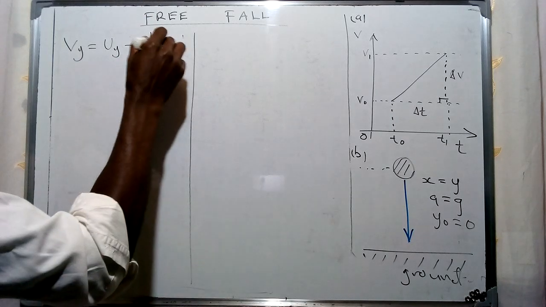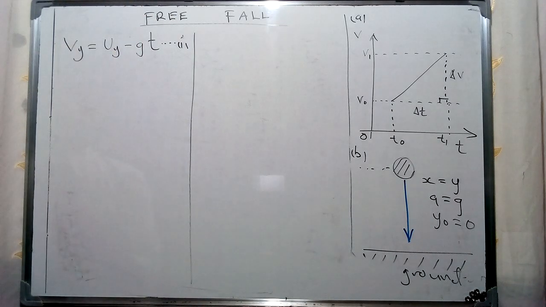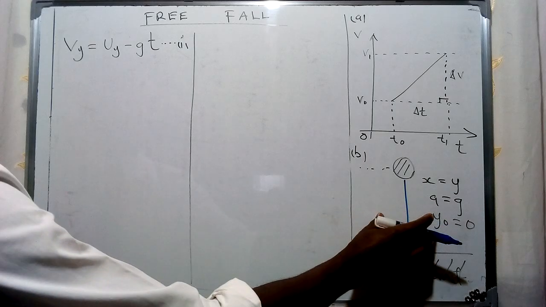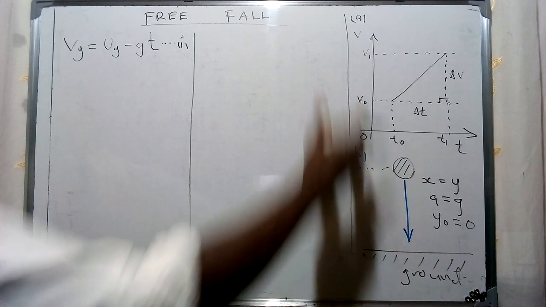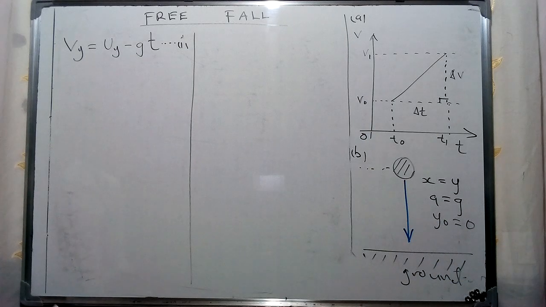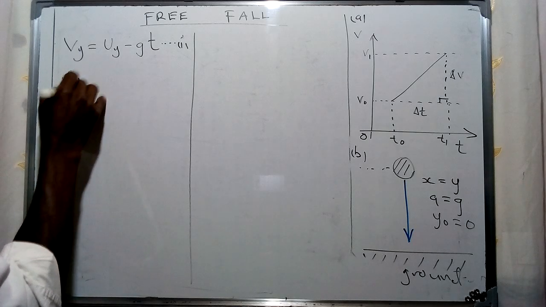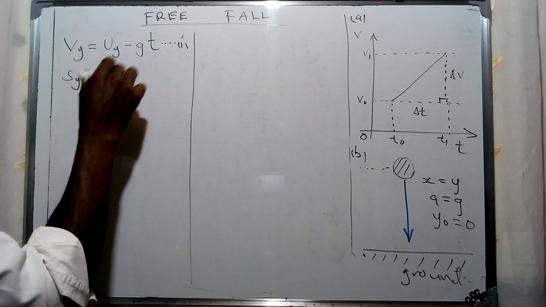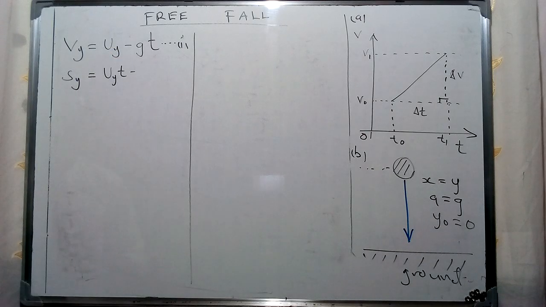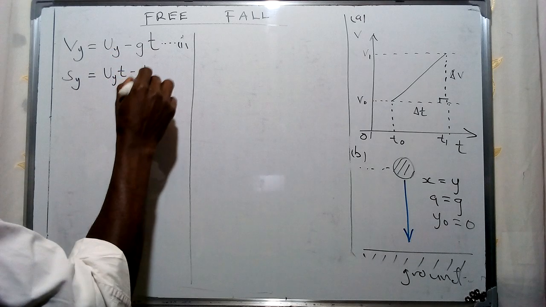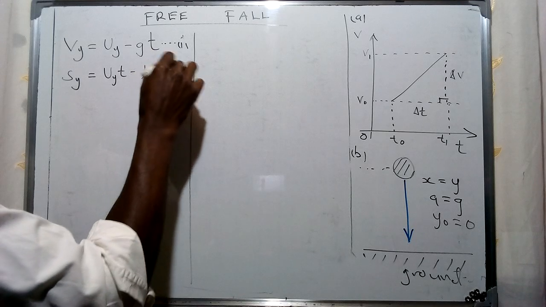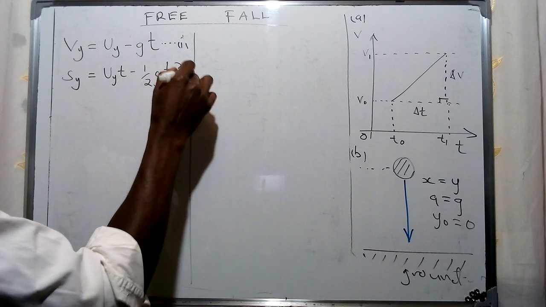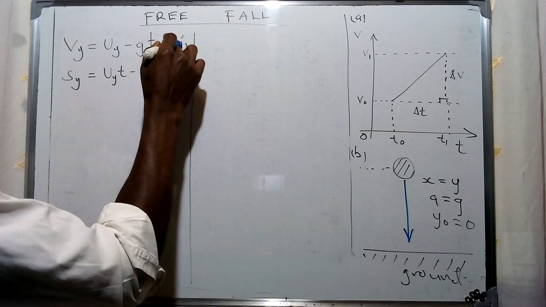So this is going to be our first equation for description of the velocity along the y-axis in terms of that free fall. And then we're going to have the total distance covered represented in terms of the initial velocity times time, plus half the value of g and the square of time. And this is going to be our second equation.